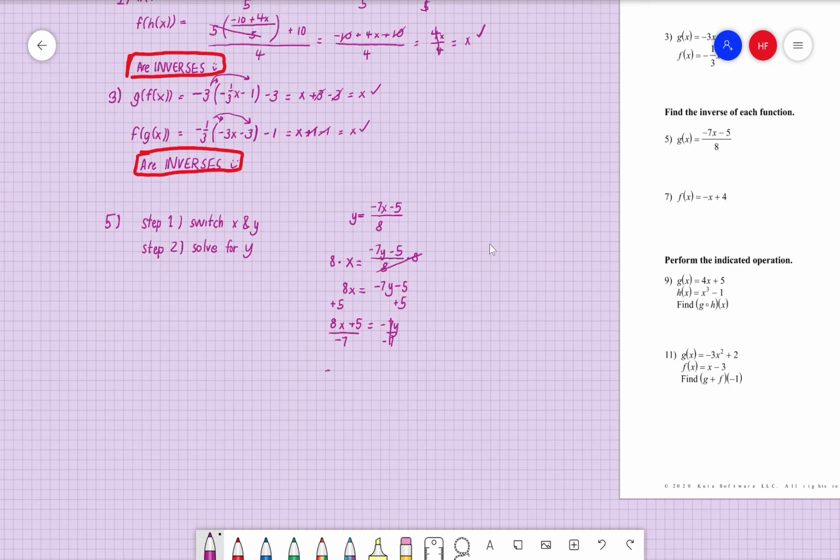We get negative 8 over 7x, oops, it would be plus a negative, so minus 5 over 7 equals y. Now that I have y by itself, that is my inverse. Because it was a g of x, it's going to be g inverse of x is equal to negative 8 over 7x minus 5 over 7.